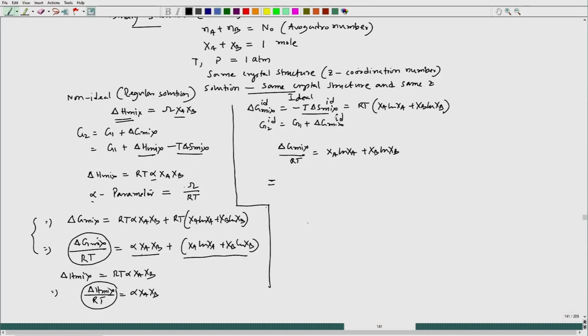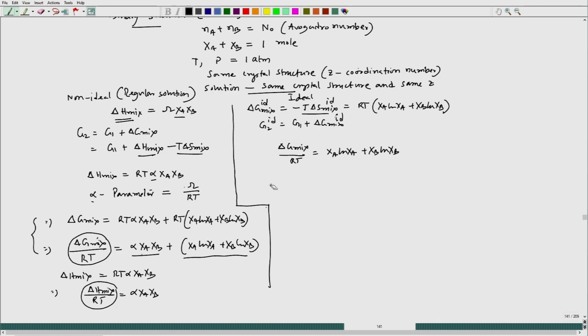But if alpha is positive and we increase the alpha number, the delta G mix by R T plot can become convex upward. In other cases, for example when alpha takes a negative value, the delta G mix by R T with respect to composition will also be convex downward. So we have 4 situations, and we will try to see those 4 situations.